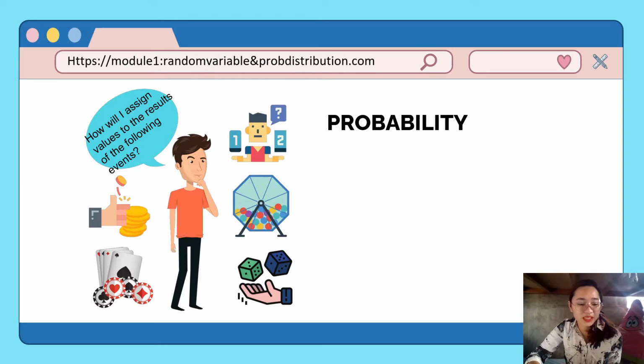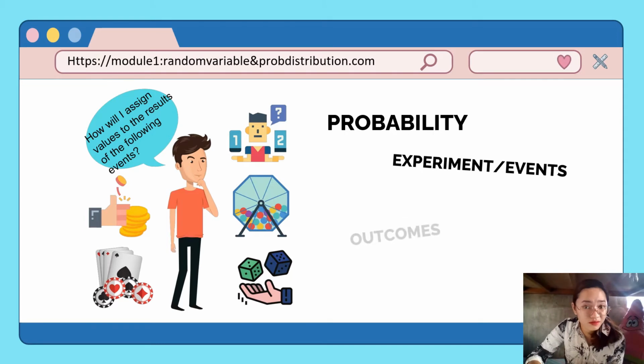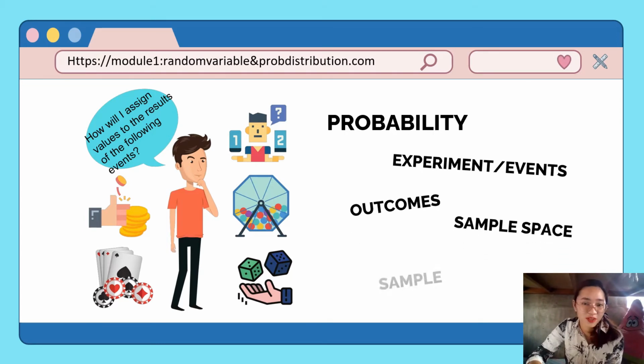In your basic probability class before, may mga napag-aralan na kayong mga terminologies that involve probability. Example is the experiment or events, outcomes, sample space, and sample. So, ano nga ba ulit itong mga terminologies na to? Let's define them.